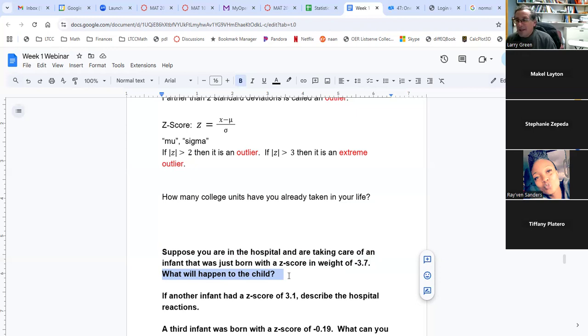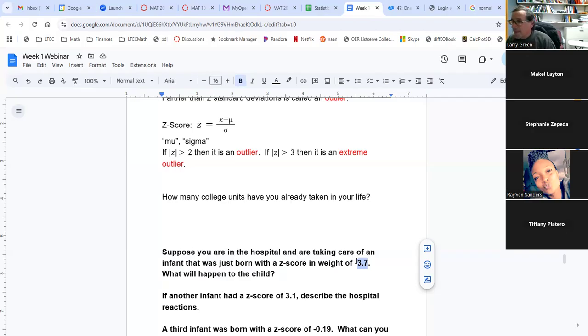Okay. Yeah, so undergo some treatment. Okay, underweight. I'm going to give scarier words. Your ideas are right, but let me be scarier. That baby is going to go directly to the ICU and probably won't live, because this baby is an extreme outlier in low weight, because 3.7 is farther away from zero than 3.